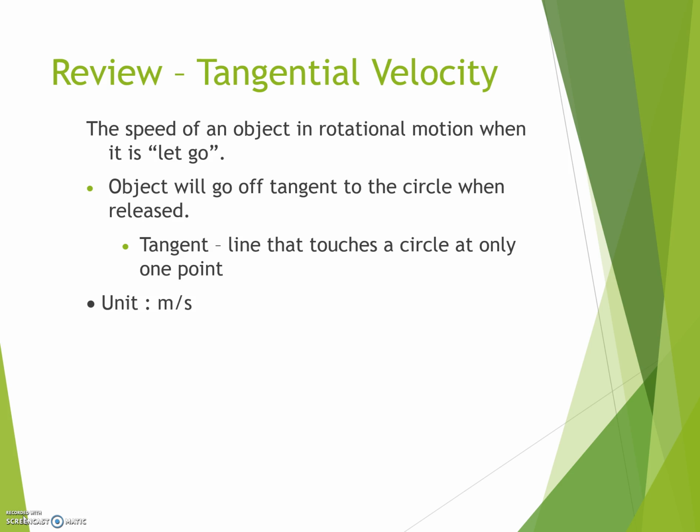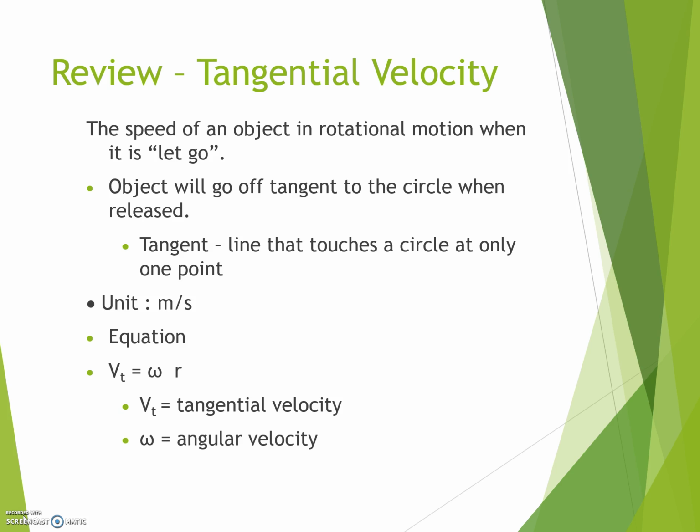The units for tangential velocity are meters per second. And our equation is v sub t, which is our tangential velocity, will equal the angular velocity times the radius.